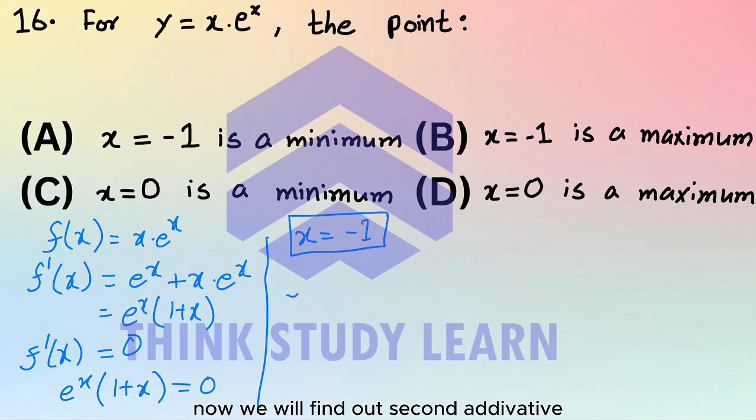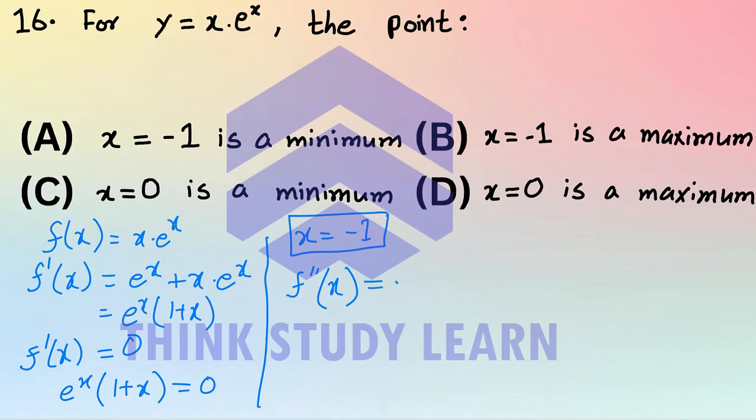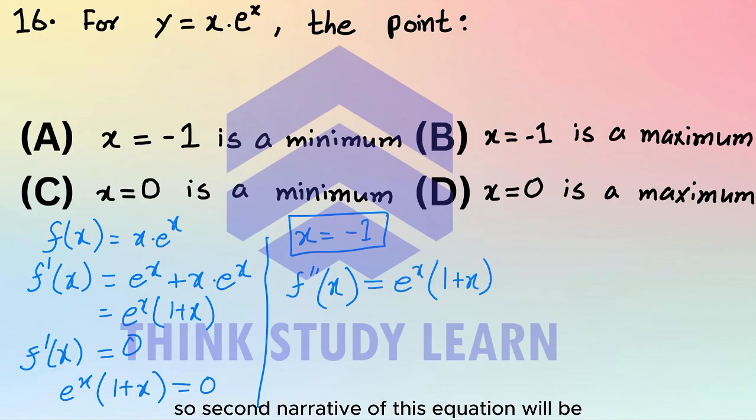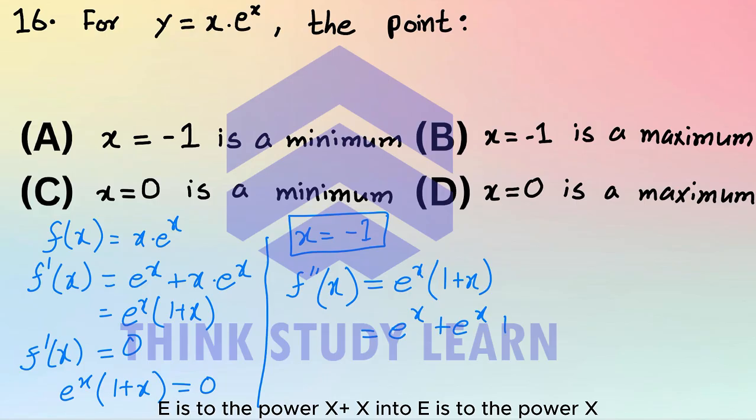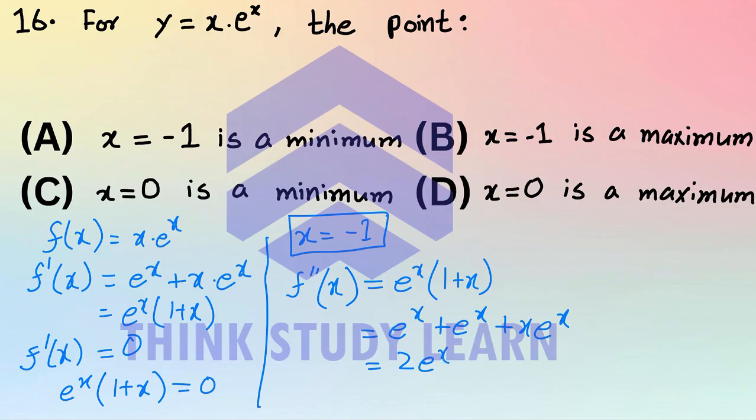Now we will find the second derivative and put the critical point in the second derivative. So finding the second derivative of e raised to the power x into 1 plus x, it will be e raised to the power x plus e raised to the power x plus x into e raised to the power x. When we simplify it, it will become e raised to the power x into 2 plus x.